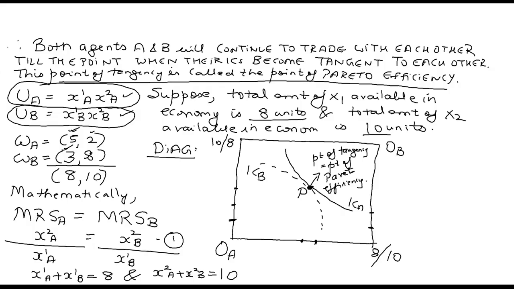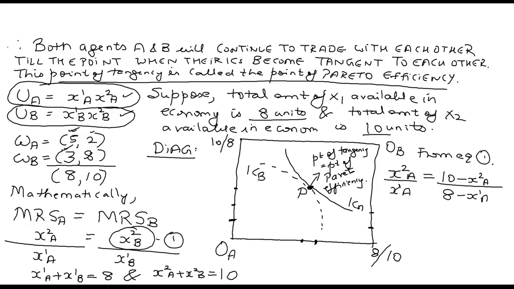So look at it from equation 1. I can write equation 1 like this: X2A by X1A is equal to X2B, which I can write as 10 minus X2A, upon X1B, which I can write as 8 minus X1A.